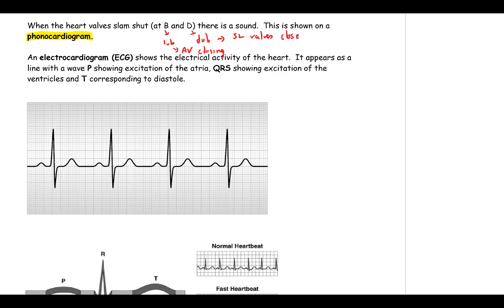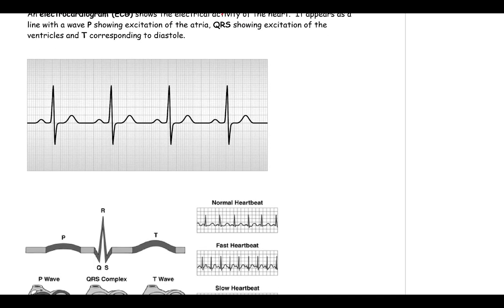It appears as a line with a wave of P showing excitation of the atria. QRS shows excitation of the ventricles, and T corresponds to diastole. So this is an example of a little ECG.